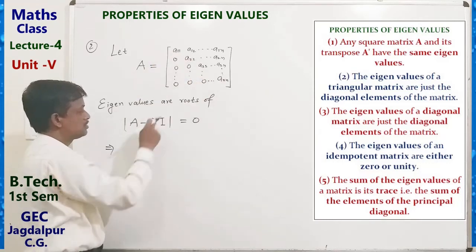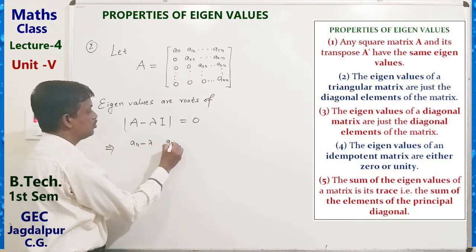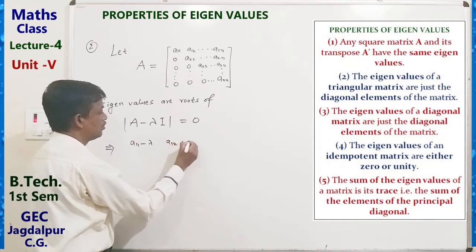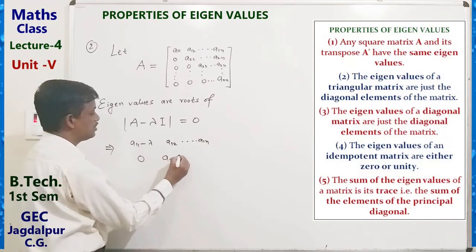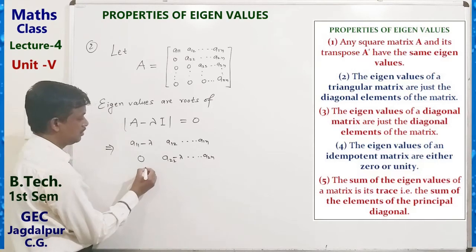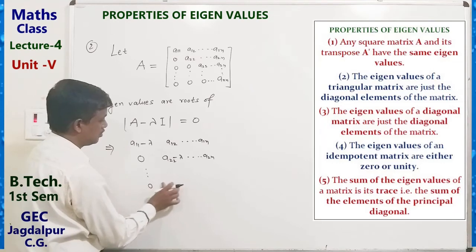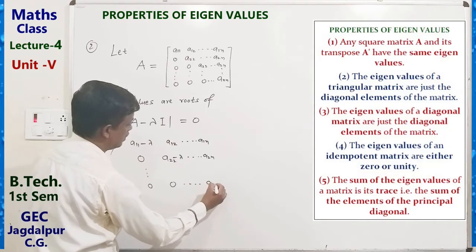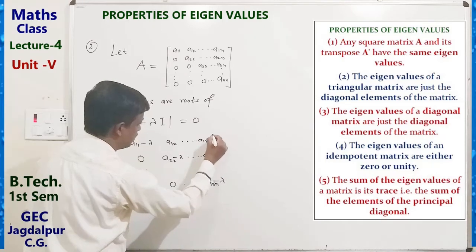So diagonal elements: A11 minus lambda, A22, A12, A1n, similarly 0, A22 minus lambda, A2n, and so on, 0, 0, and so on, Ann minus lambda.